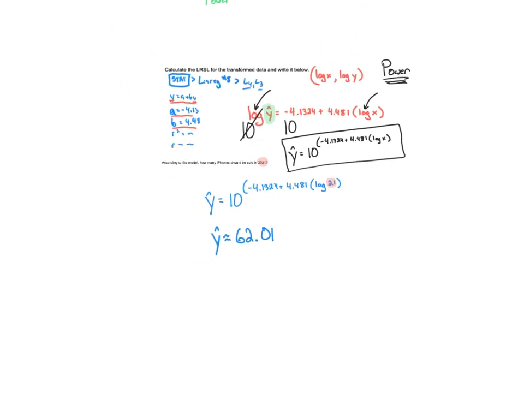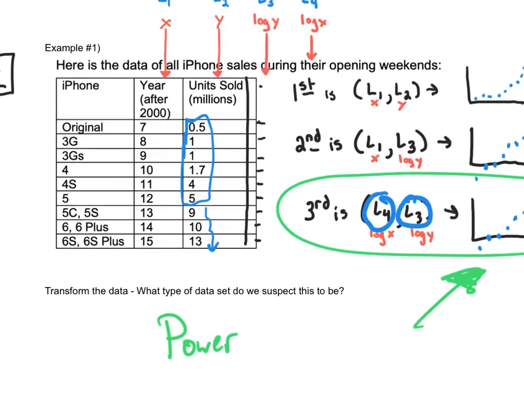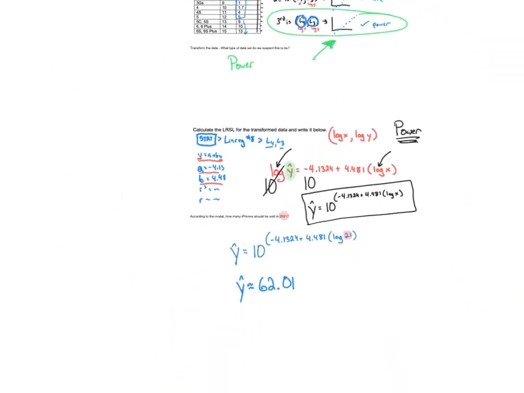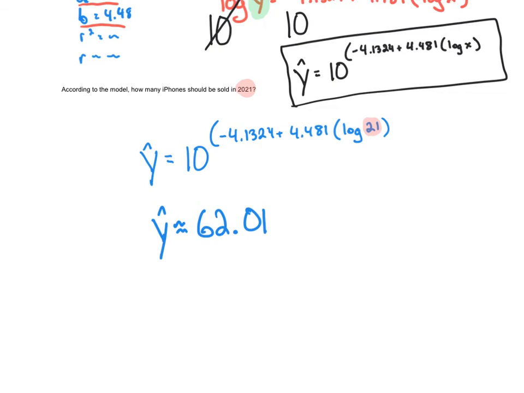Now let's go back and figure out what is it that we actually want. It's millions of units sold during the opening weekend. So we would say millions of units sold. So there's my prediction right there. Now that is called an extrapolation.